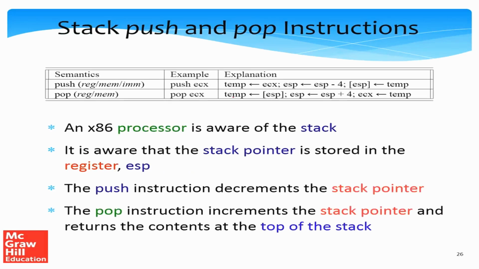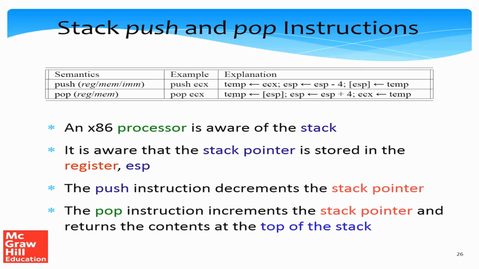Alright. Given that we have seen this, there are some more instructions that we need to see to get a better idea of the memory and data movement instructions. Two of those instructions are push and pop. So why do we have this?